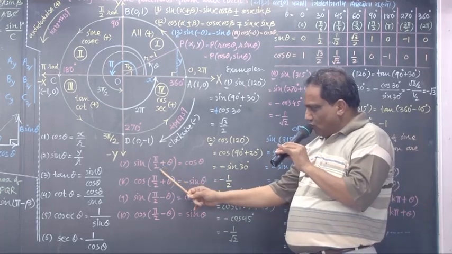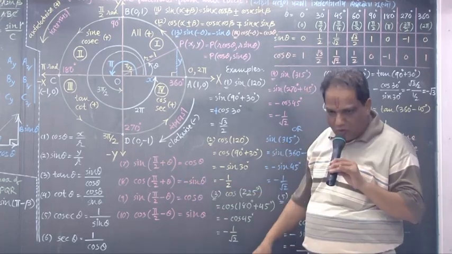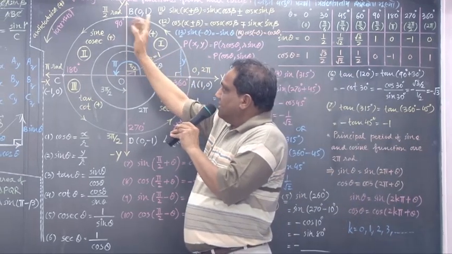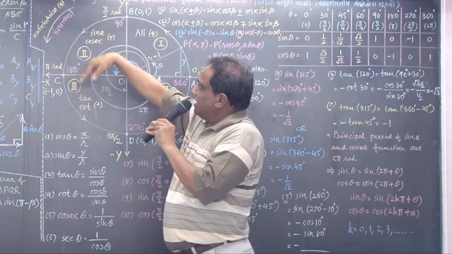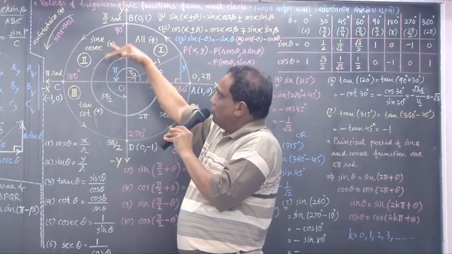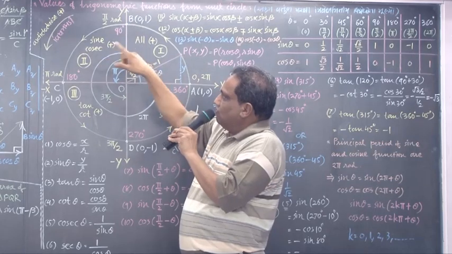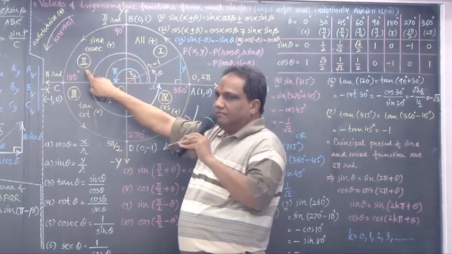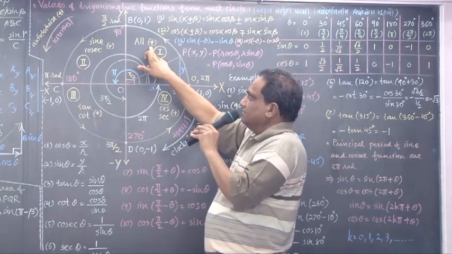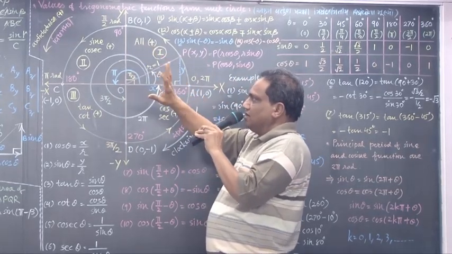If it is pi by 2 plus something, pi by 2 is here, and plus means anticlockwise. So pi by 2 plus. When you cross pi by 2, you are here in the second quadrant. Remember, all functions are positive in the first quadrant.